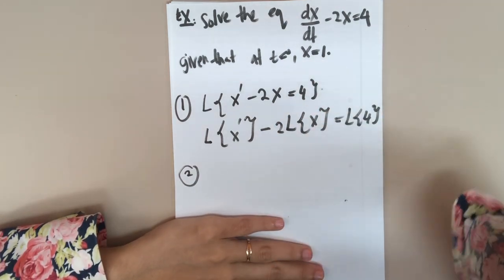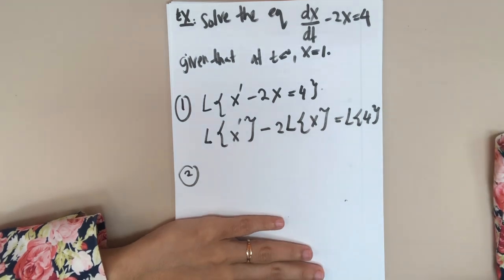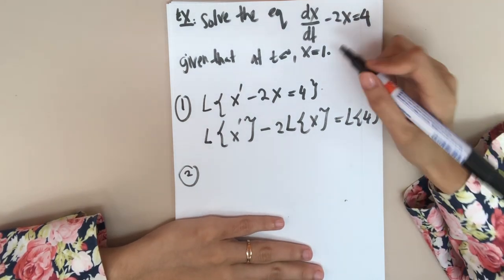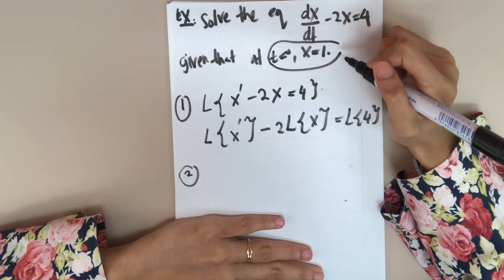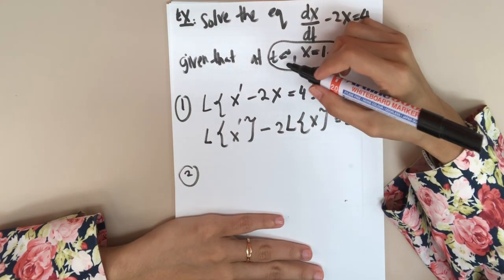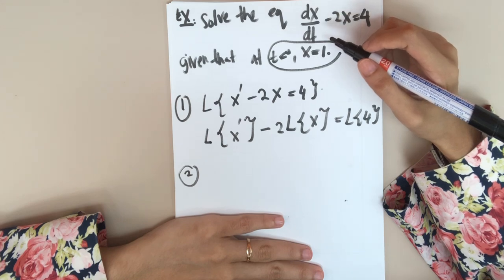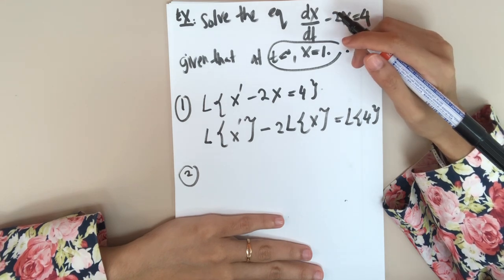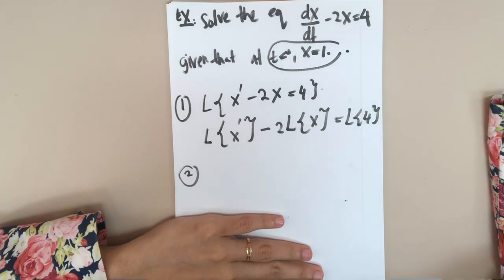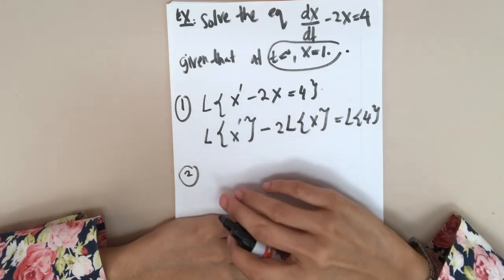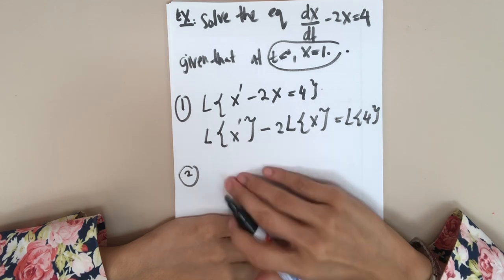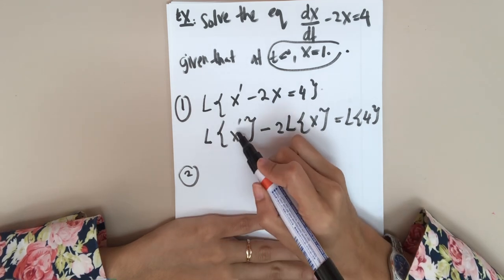Step number 3, you need to substitute the initial condition. Class, before that, before we substitute the initial condition, you need to replace this one first.